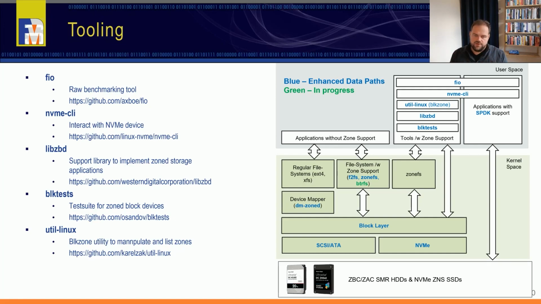We have blkzone tests where you can test the zoned block devices, and we have added support to util-linux as well. There's this blkzone utility, so when you want to report zones, there's already a blkzone command inside most Linux distributions, with which you can report zones, reset zones, and so on.